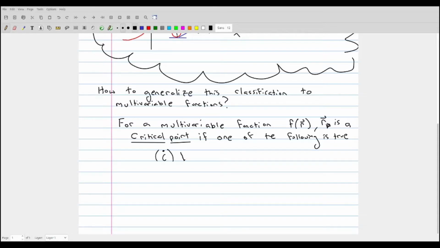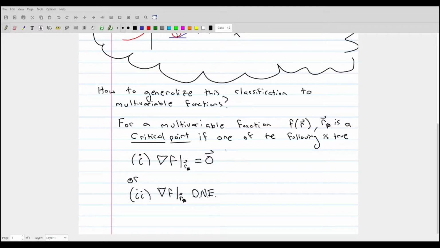So we say that r star is a critical point if the gradient vector of the function at the point r star is exactly equal to the zero vector, or the gradient of the function just flat out does not exist. This is our direct generalization of the idea of a critical point from 1D into ND.